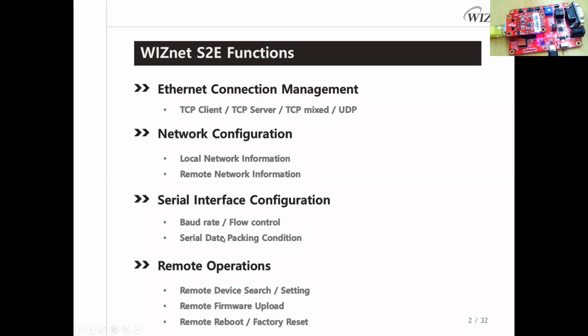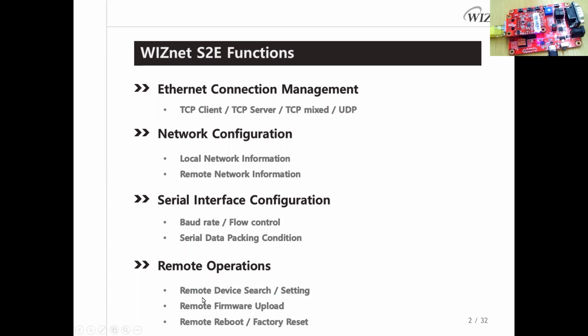You must be able to set a serial interface in order to use Wiznet's S2E, like baud rate, flow control, and serial data packing condition, and so on. And remote operations are available.